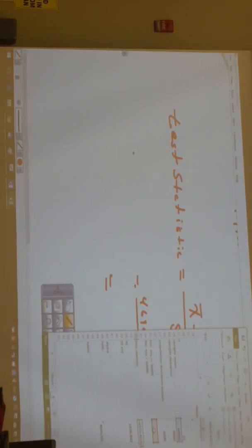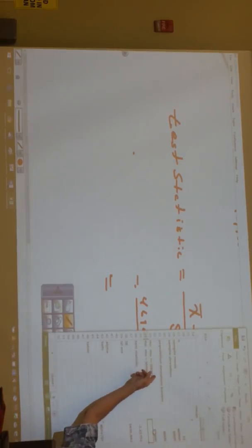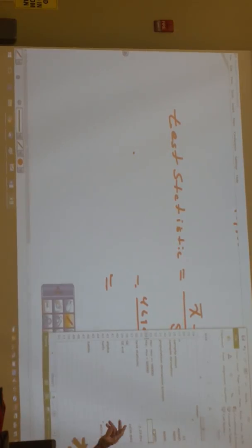And then I'm going to divide by my standard error. And I had to go in and type that 50,000 in there. I typed it over here, but I don't have it in the cell by itself to calculate, right? So I just put it in this column over here.